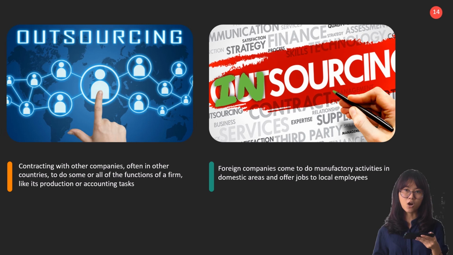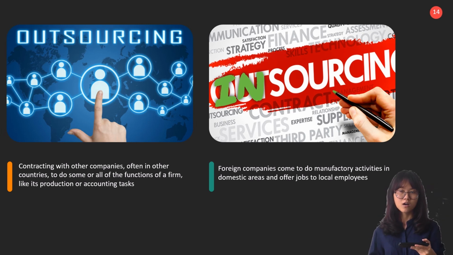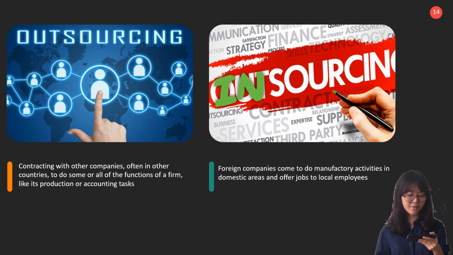Japanese automakers Honda and Toyota have been producing cars in the United States for many years. This way, insourcing creates many new US jobs and helps offset the jobs being outsourced.